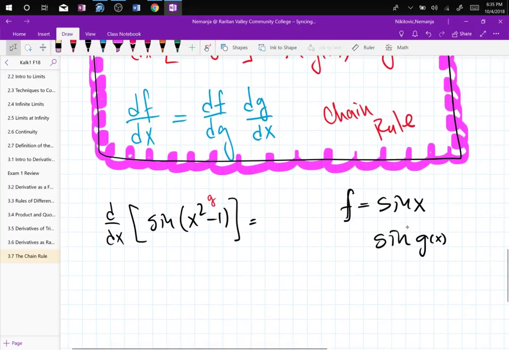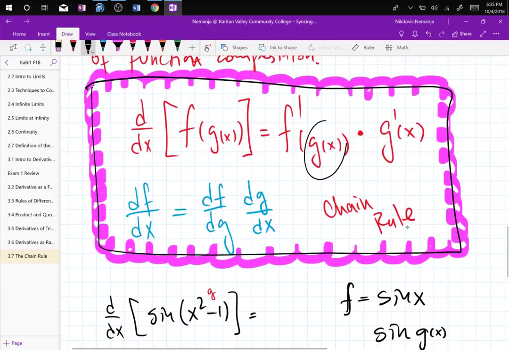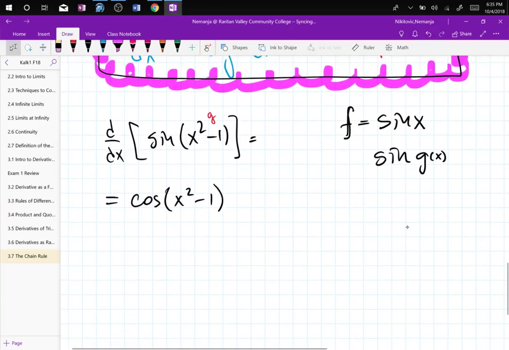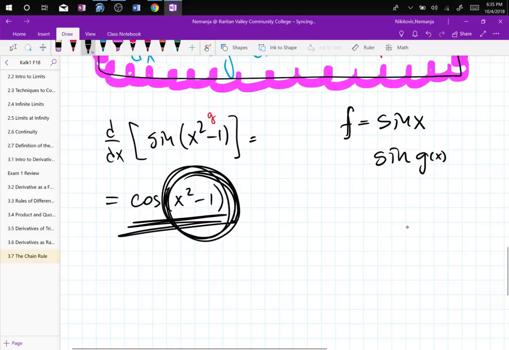So what I'm going to do is I'm going to say, well, I know what the derivative of sine is. It's cosine, and I'm going to just put back the g, because the formula clearly calls for the derivative with g still plugged in. So that's what I have. The derivative of sine is cosine, and the point is still there.